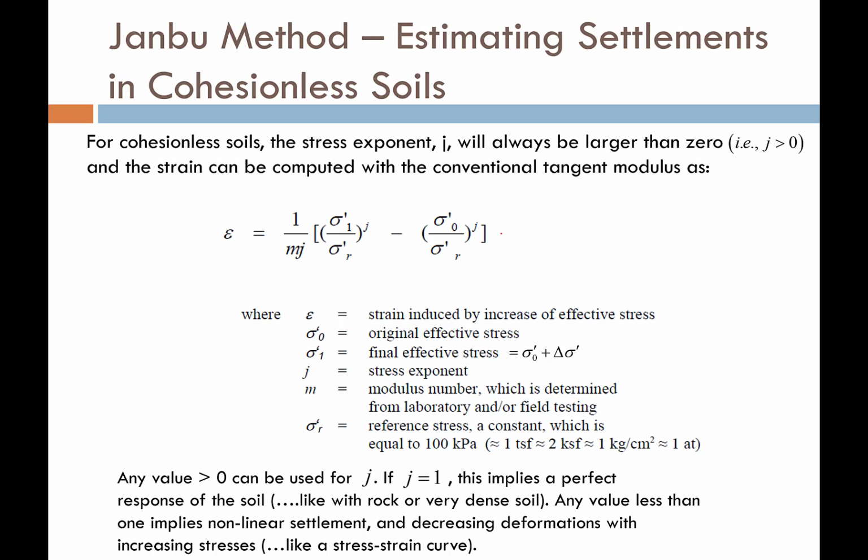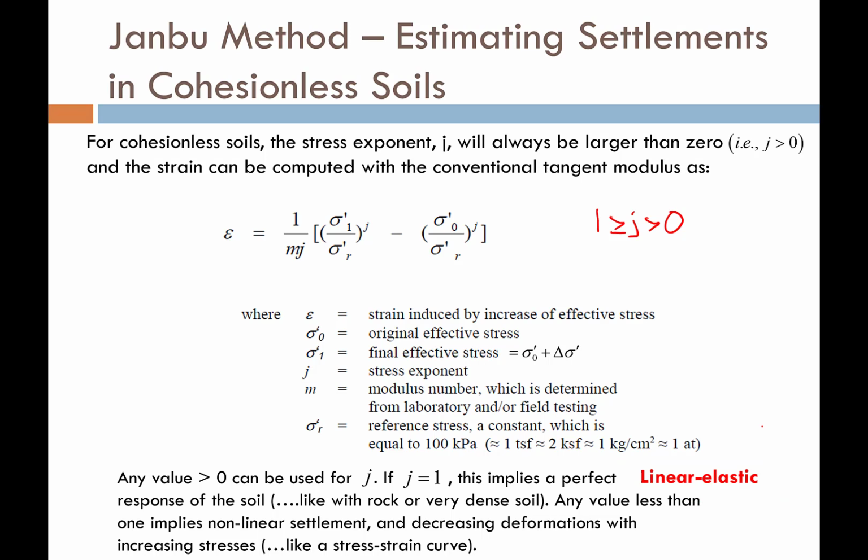Now, for cohesionless soil, the stress exponent J is always going to be larger than 0. Okay, it's going to be between 0 and 1. If I have a value of 1 for J, that's going to imply that my soil is perfectly linear elastic. My soil is a linear elastic material.